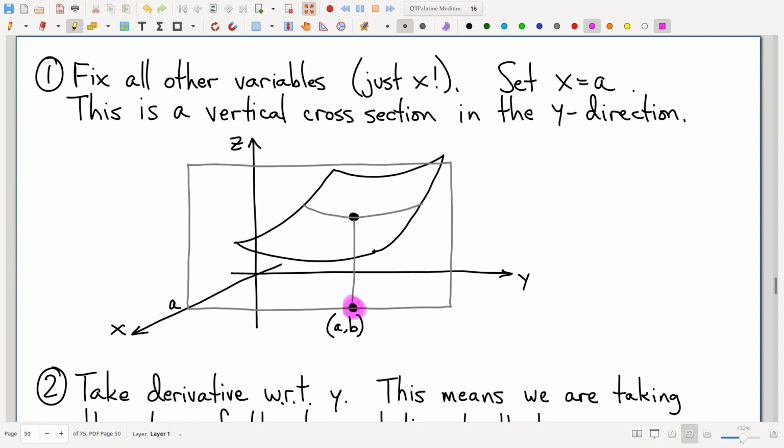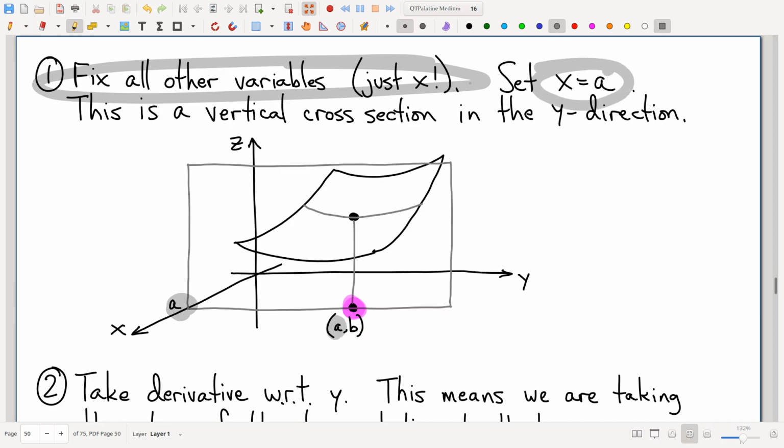If I say x has to be held constant, because y is the only remaining variable, x started at the value a, so holding it constant means it must remain a, which means we are looking in the plane x equals a. So this is the geometric interpretation of that first step.